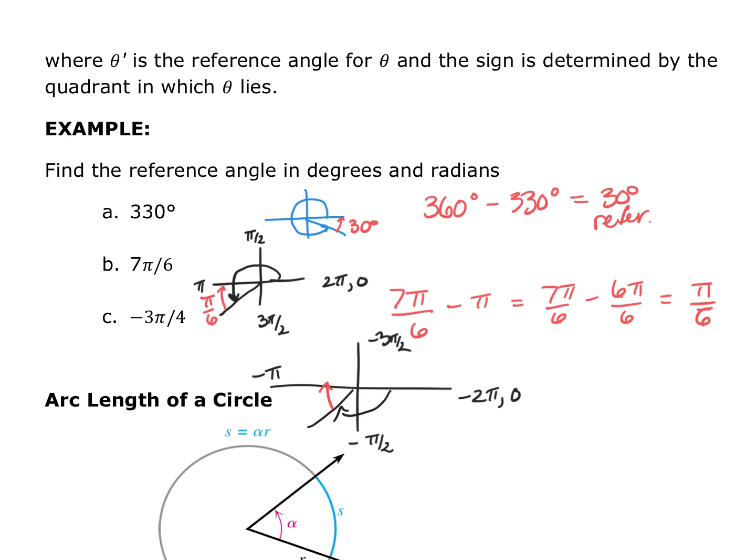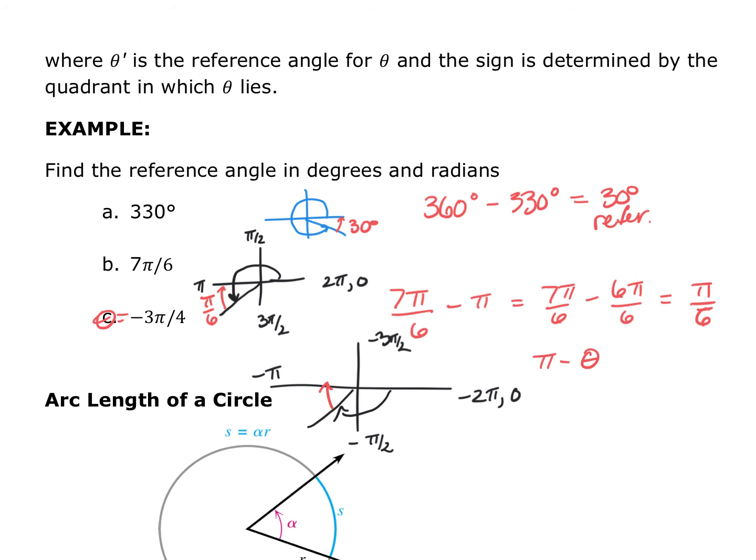Now we have a formula that says I'm taking my angle and I am going to subtract it from 360 or pi or whatever it is that I'm asked to do. Now remember, this is a negative angle. So if I were to say, oh, I need to go to, using my formula that is pi minus my angle theta, if this is theta, then I'm going to be doing pi minus a negative number.